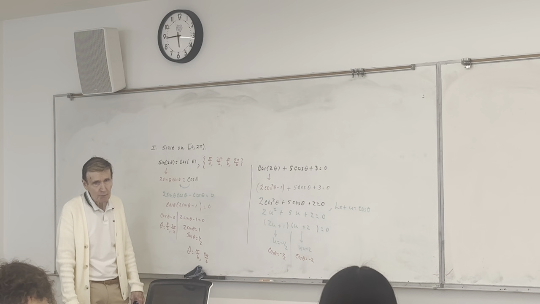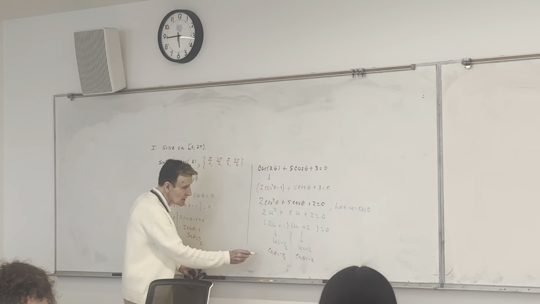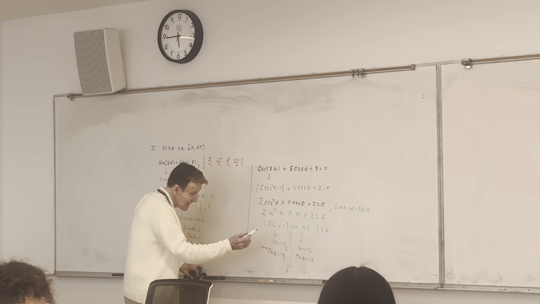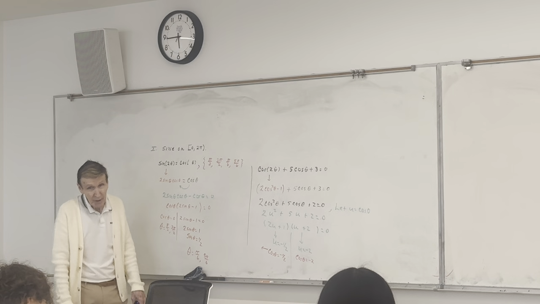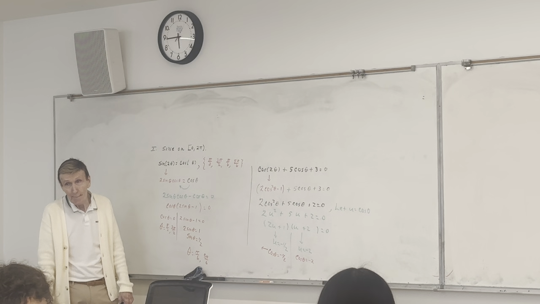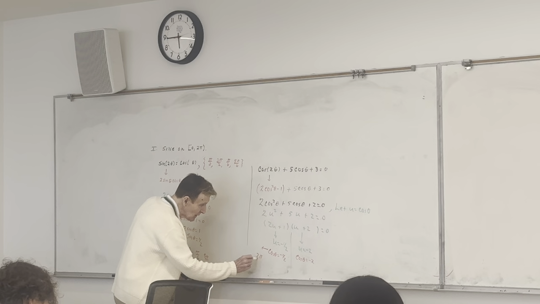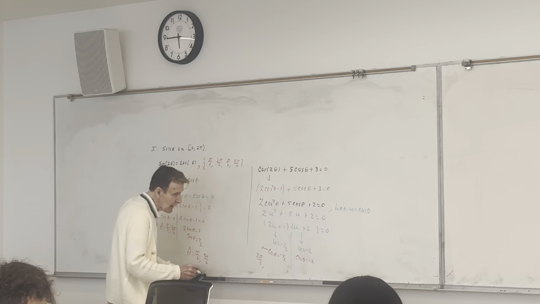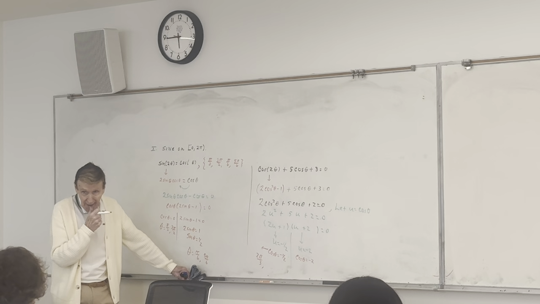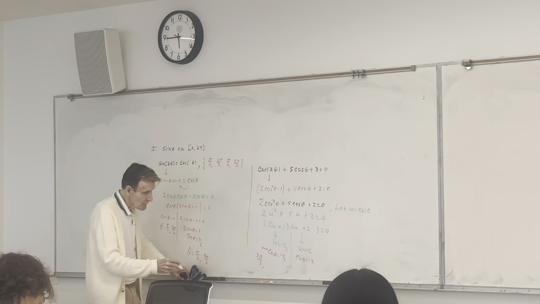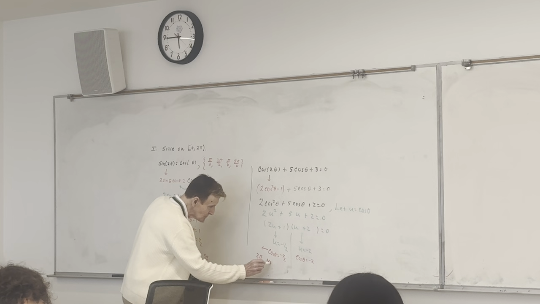Now, can anyone tell me from the unit circle, where have you seen the cosine, the x coordinate, equal to negative 1/2? I hear 2 pi over 3, and 4 pi over 3. Got a unit circle.